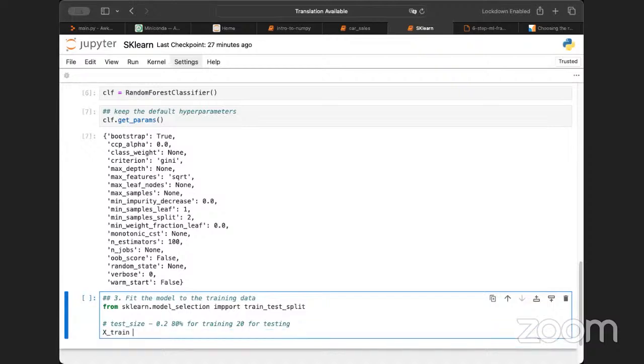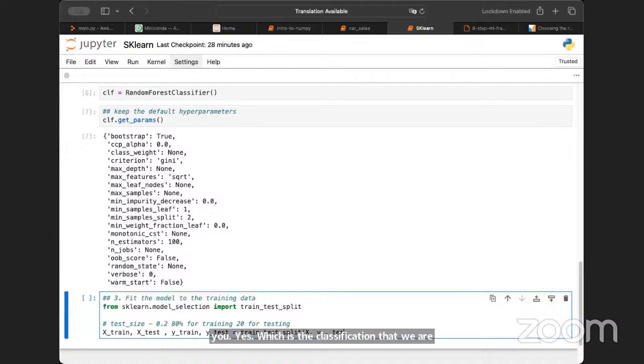X train, X test, Y train, Y test. Then we say train test split based on target, which is the classification that we are working on.